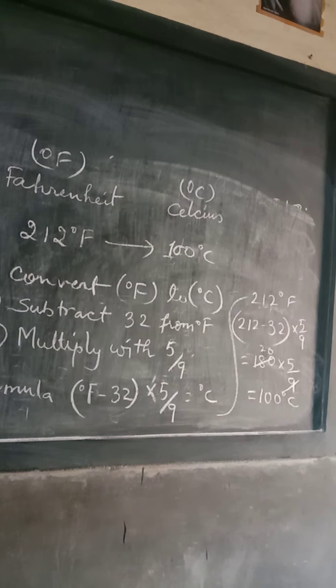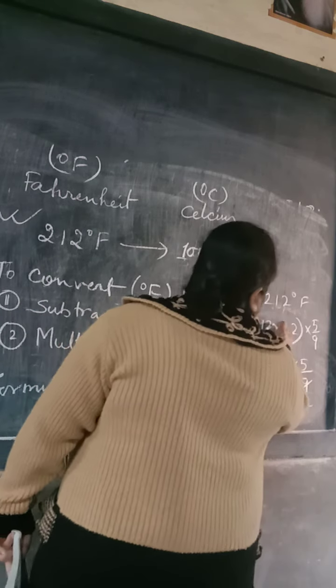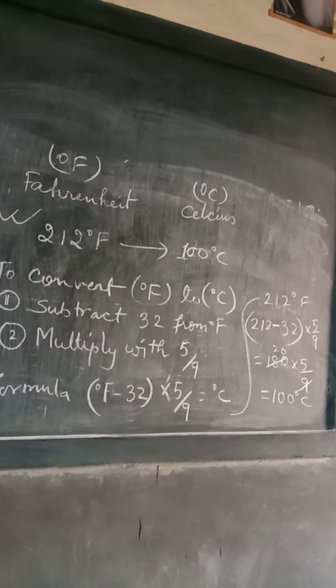I have written here 212 Fahrenheit is equal to 100 degrees Celsius, and that is found using the formula. So always keep it in mind. First of all, we have to subtract 32, then we have to multiply with 5 by 9. The bracket work we do first, you know, na?